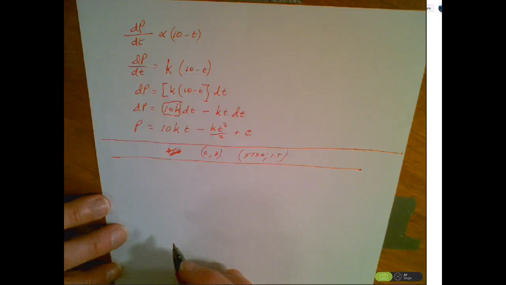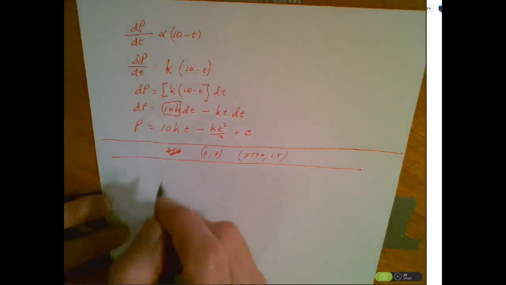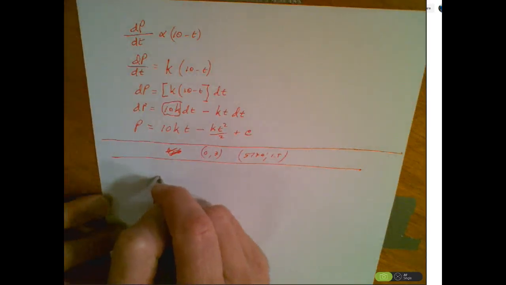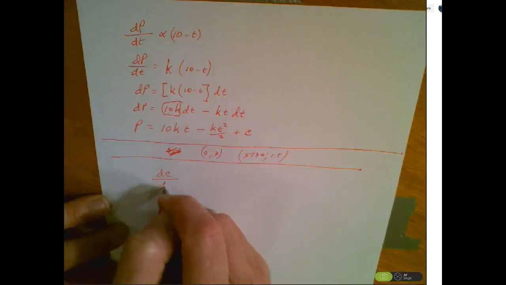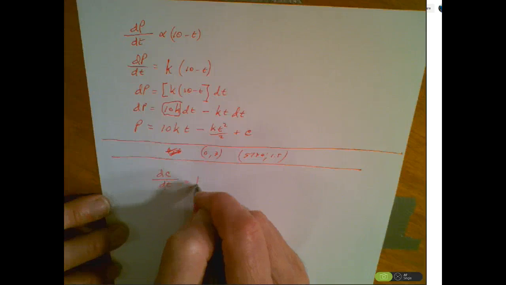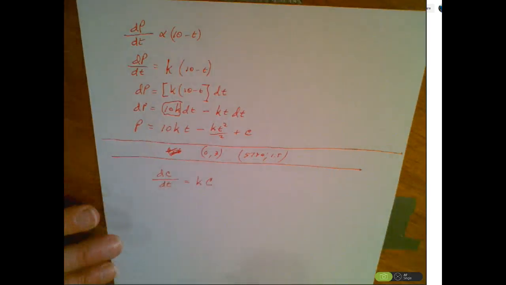So if it's got a half-life, okay, this is exponential decay. So the rate of change is proportional to the amount you have. So the rate of change of carbon with respect to time is equal to K times the amount of carbon you have.